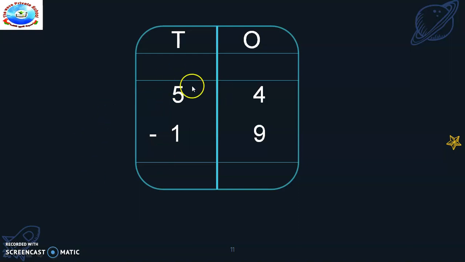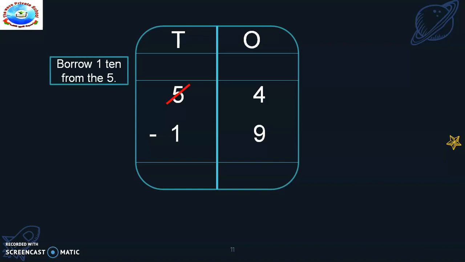Here we have 5 tens equals 4 tens plus 1 ten. Borrow 1 ten from 5 and the number 5 becomes 4.